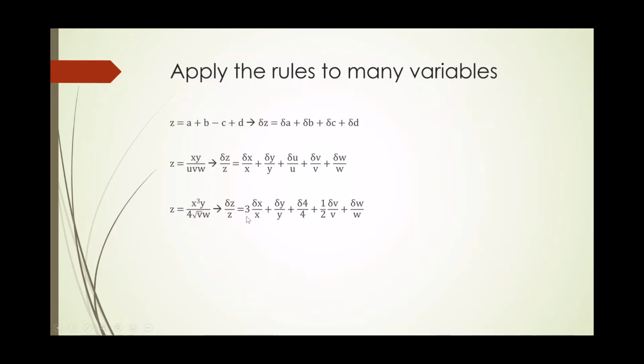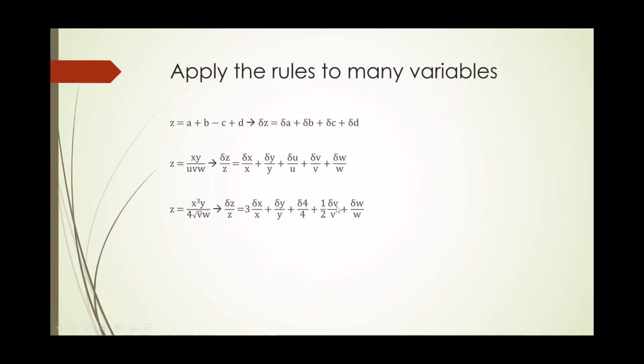Here, you see that everything is multiplying or dividing. So you have delta z over z. You can do that because both rule number 2 and 4 are for relative uncertainties, right? So it's 3 times delta x over x, delta y over y. You might as well put delta 4 over 4 there, treating 4 just as a variable for now.